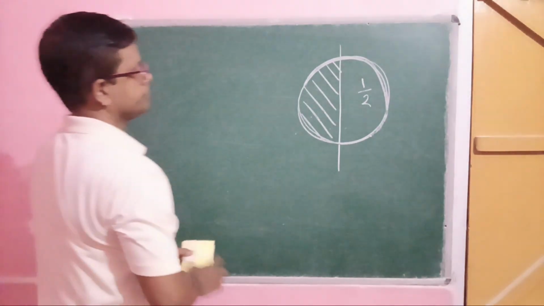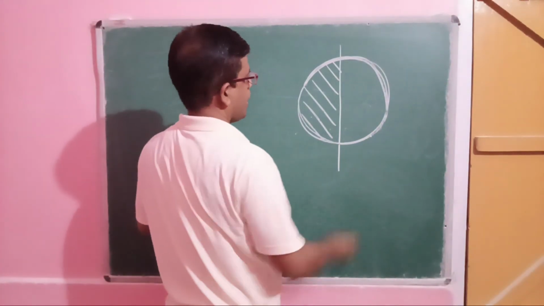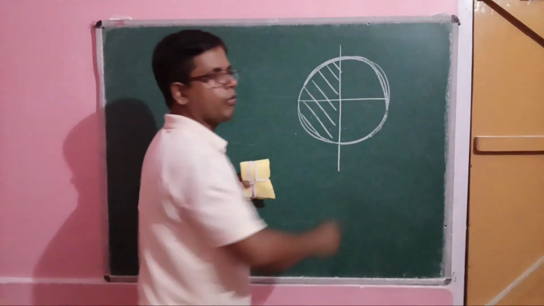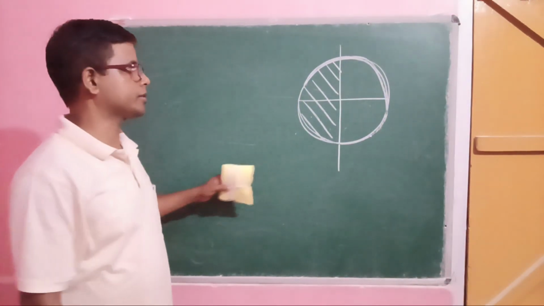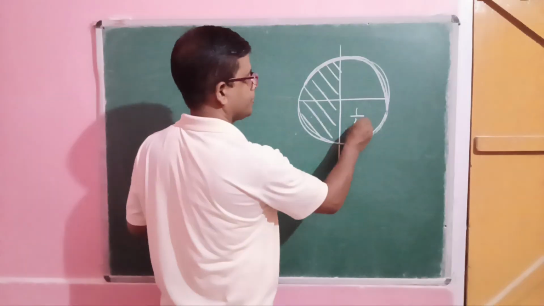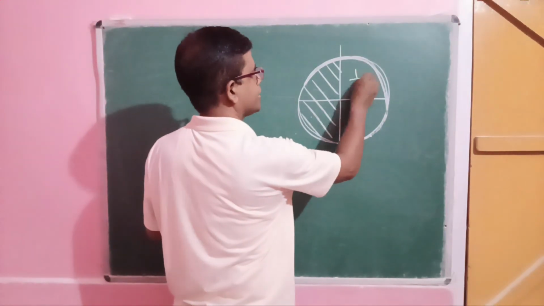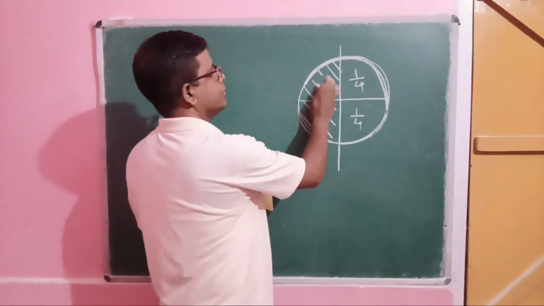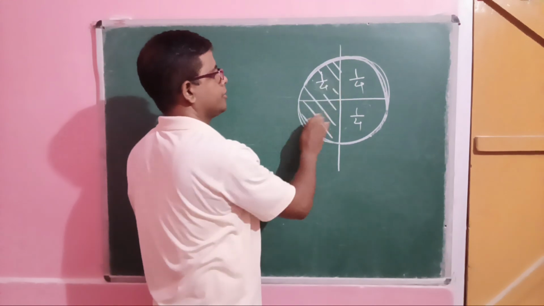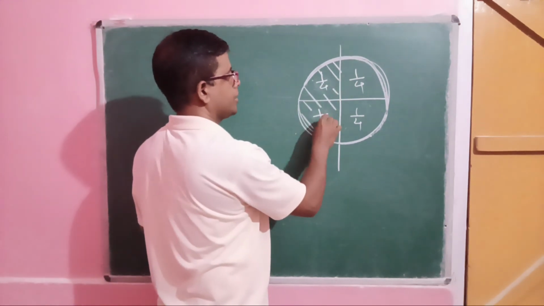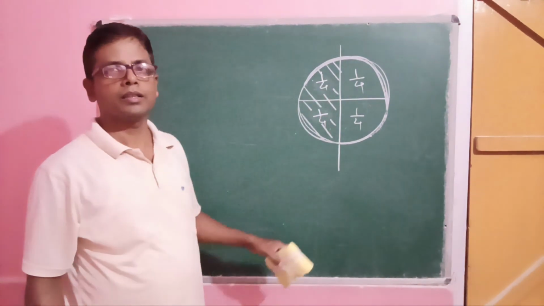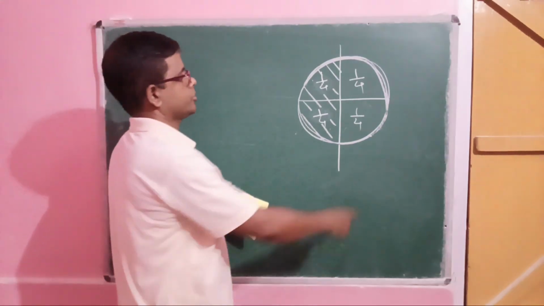What can we do? We have made it four equal parts. So this is 1/4 of the ball. This is another 1/4 of the ball. This is another 1/4 part. This is another 1/4 part. Visually we can see that these are the four parts.